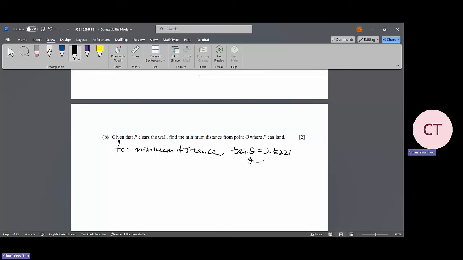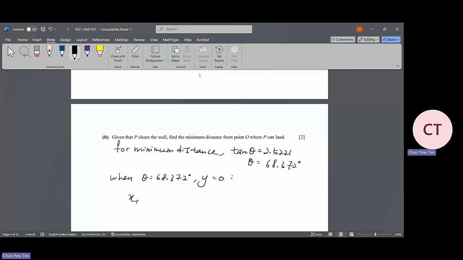So my theta over here, I will not use 68.4 because just now I rounded it off. To make my calculation more accurate, I will use 68.372 degree. So I make my angle of projection more significant figures so that I can get a more accurate answer. So when theta is equal to 68.372, your y is 0 because you landed at the same level, and then we want to look for the x.